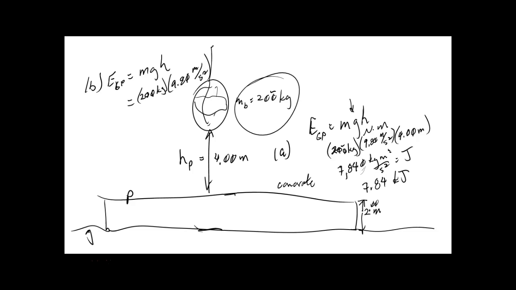So now what's the height of the ball above the ground? 6. Perfect. 6.00 meters. You add the 4 and the 2. If the platform was 2 meters above the ground and the ball's 4 meters above the platform, that's a total of 6 meters above the ground, right?